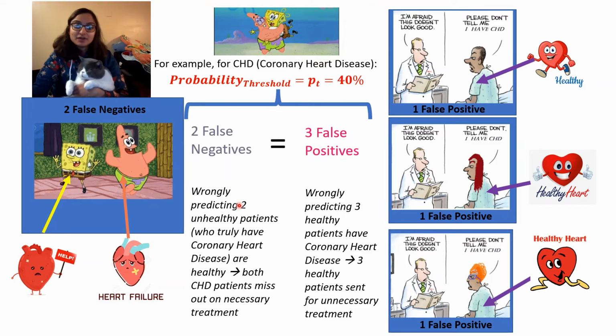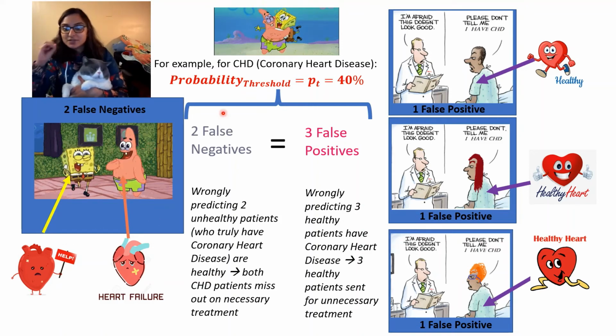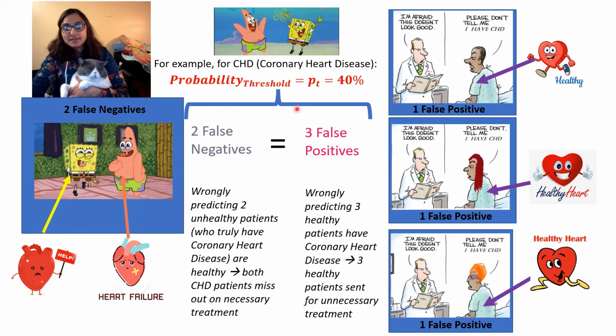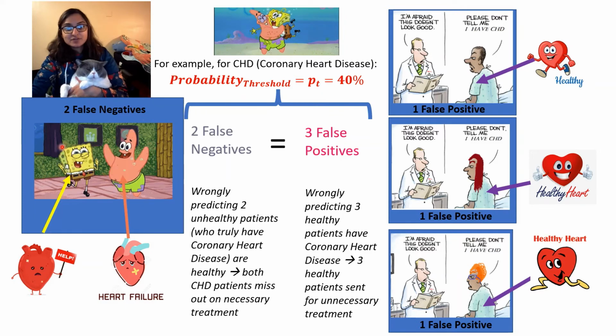We're saying that wrongly predicting that 2 unhealthy patients who truly have coronary heart disease are healthy, and having both of them miss out on necessary treatment, the consequences are the same or worse than the consequences of wrongly predicting that 3 healthy heart patients actually have coronary heart disease. So wrongly predicting they have CHD when they do not, and they get unnecessary treatment. So this unnecessary treatment for 3 patients, versus missing out on treatment for 2 unhealthy patients. So that's sort of what this means here in terms of the consequences.